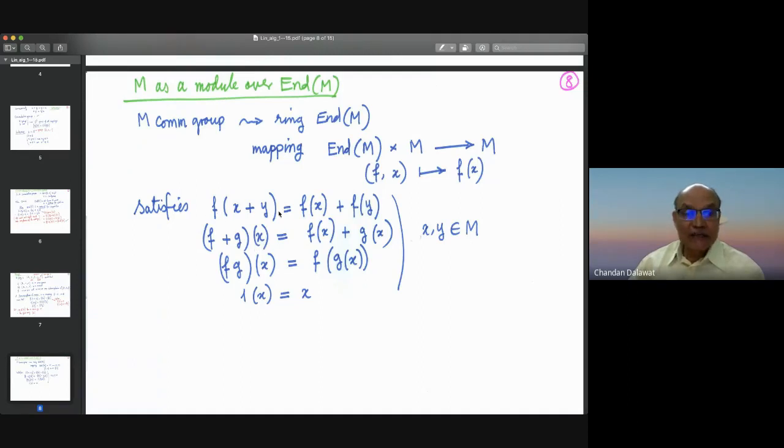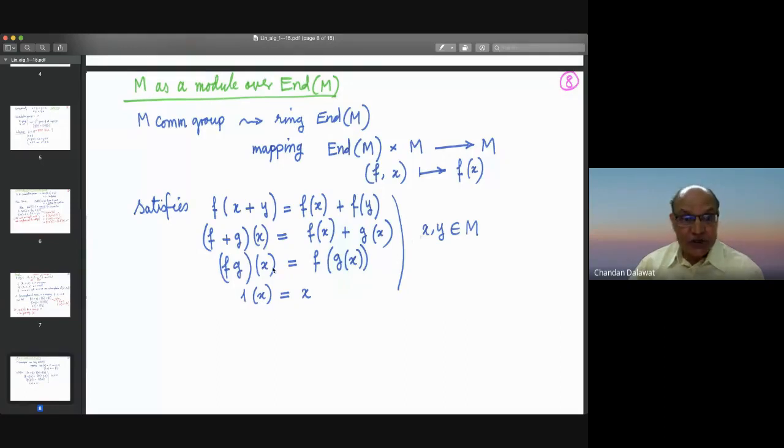So f of x plus y is f of x plus f of y. Why is that true? That's true simply because f is an endomorphism of M. f plus g of x is f of x plus g of x. Why is that true? That's true because that's how f plus g is defined. It's defined so that its value at x is the value of f at x plus the value of g at x.